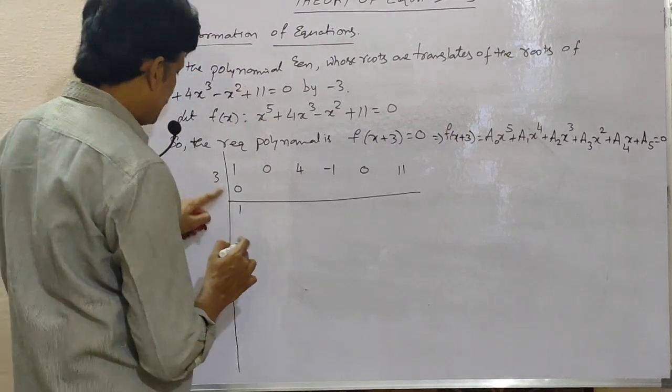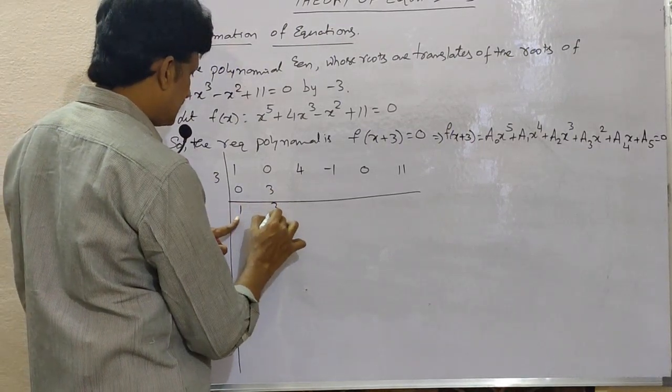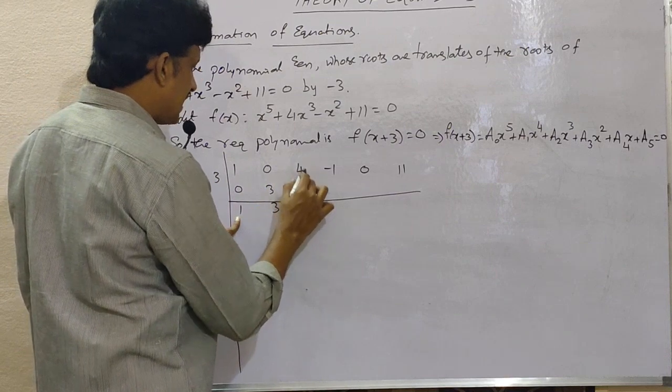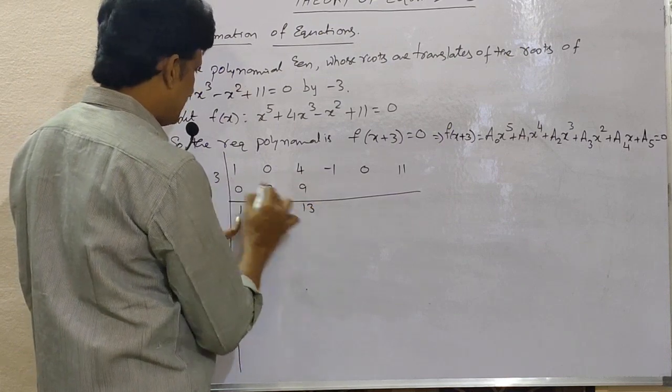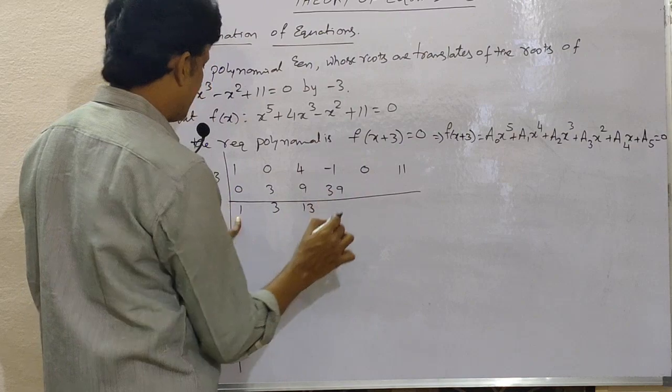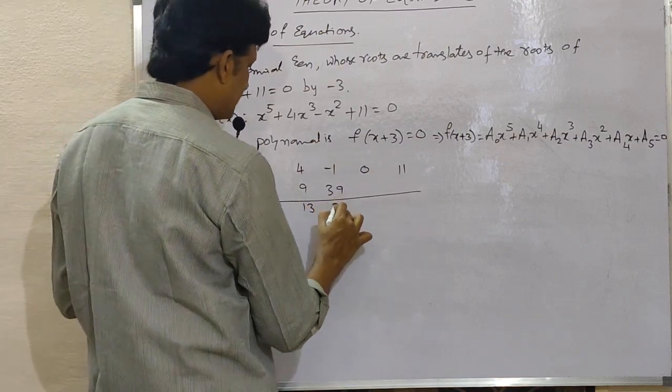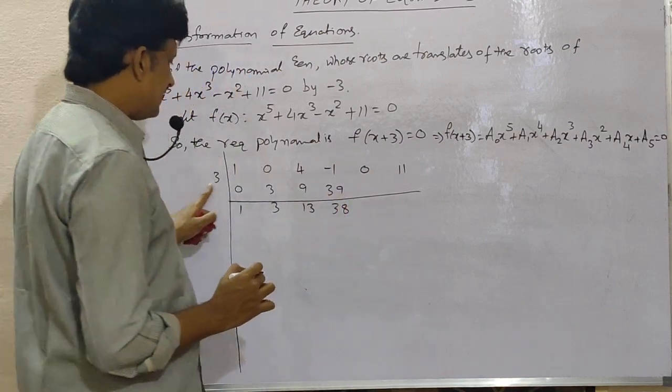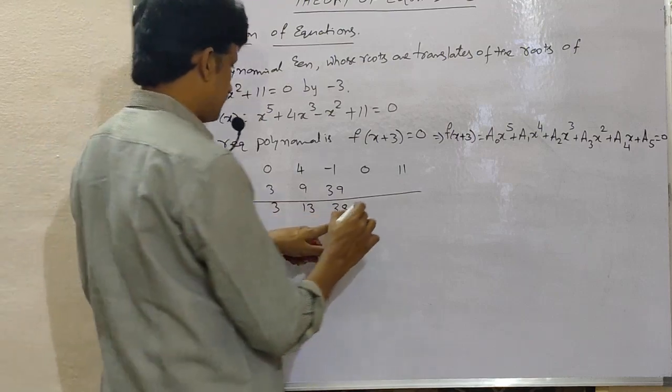Write 1, then 3 into 1 is 3. 3 3s are 9. 9 plus 4 is 13. 3 into 13 will be 39. Now 39 minus 1 is 38. Again 3 into 38 is 114.